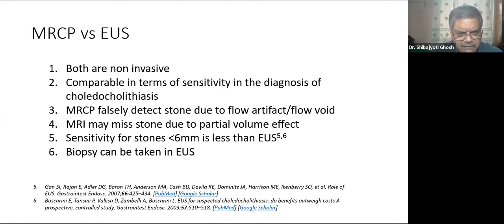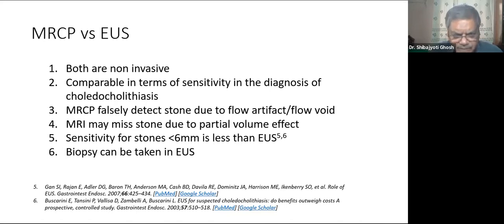I mean to say, if the stones are packed within the common bile duct, there will be no tissue fluid between the two stones. As a result, in MRI the picture will look as if there is the same consistency or same tissue density throughout the lumen. So in that situation, the stones may be missed, or it may look like there are no intraluminal stones. So this is another pitfall of MRI.